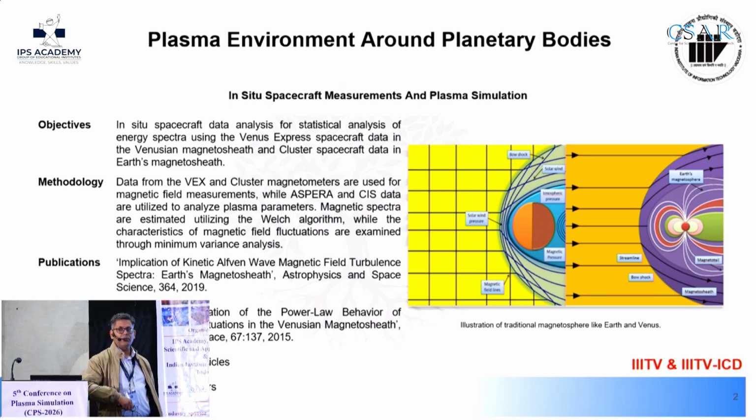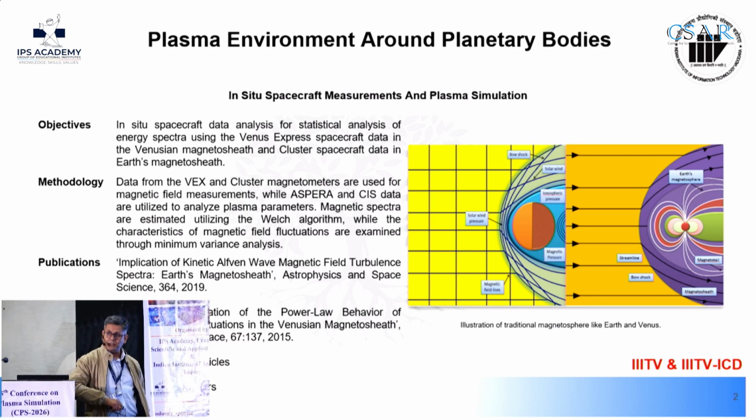So the main idea was to characterize the turbulence processes under solar maximum and solar minimum conditions. I have events for the solar maximum as well, but here I will only focus on the events we observed in solar minimum conditions.